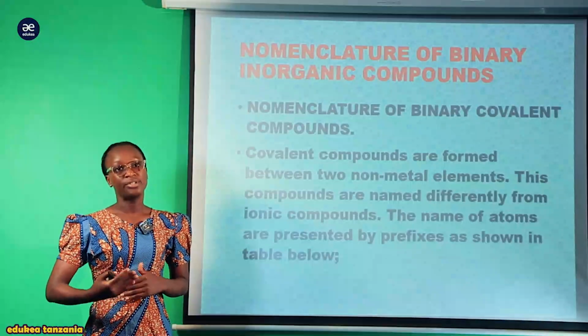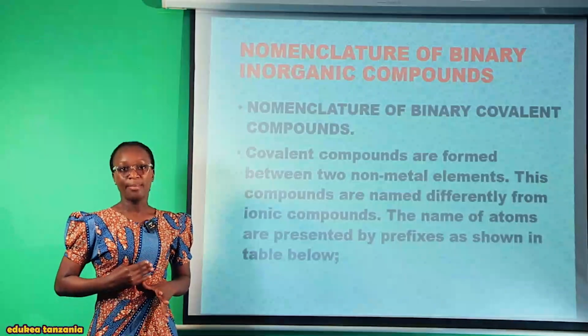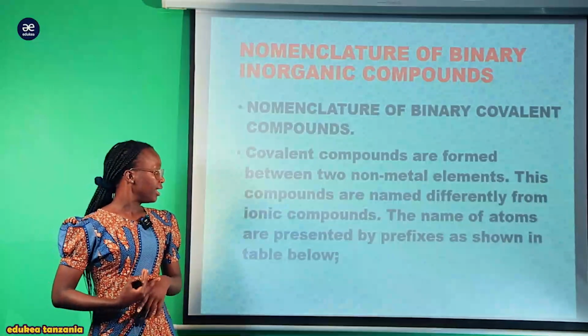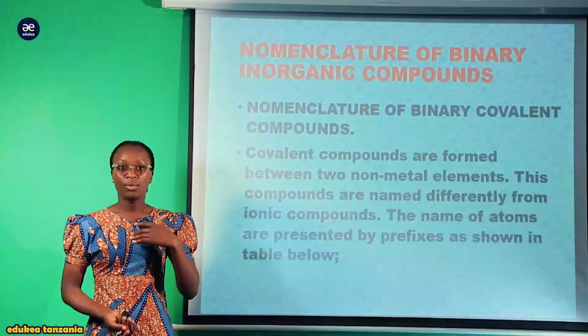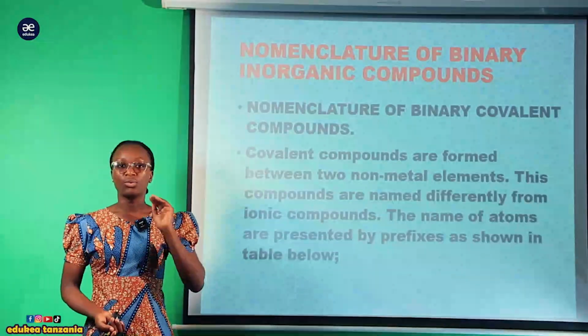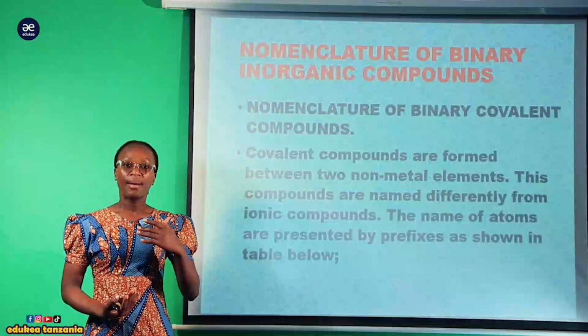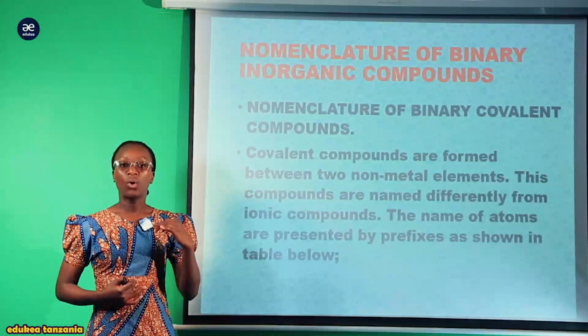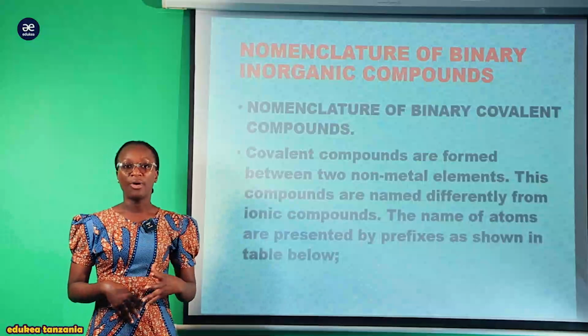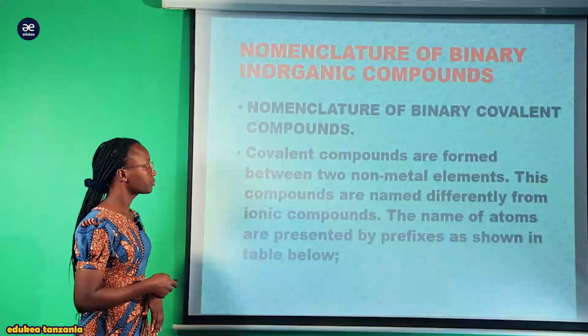Hapa hatuangalii kiambishi tamati, tunaenda kuconsider at the beginning, ambapo tunaenda kupresent these prefixes kulingana na the way ambavyo tutaenda kuzisoma, kwamba kama ni 1, 2, 3 and 4 so forth, inakuwa na prefix gani kwenye compound au kwenye certain element.